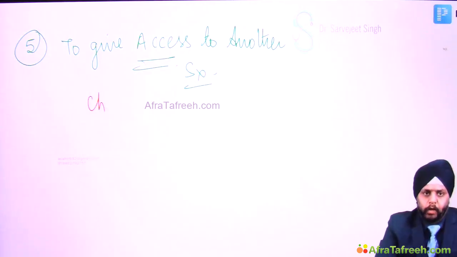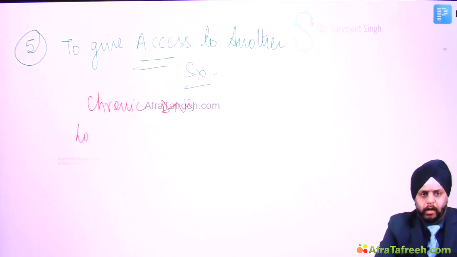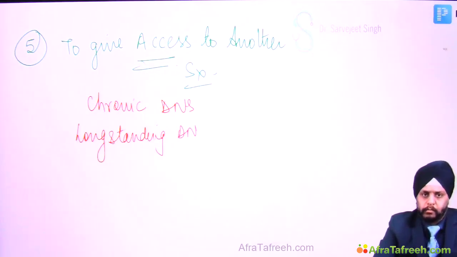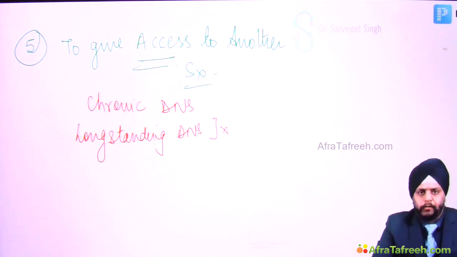He may give you the word chronic DNS. So what do you mean by chronic DNS? Chronic DNS means long-standing DNS. Is this an indication? No. Even if the DNS is for a long time, if it is not causing any problem, there is no need for doing surgery.